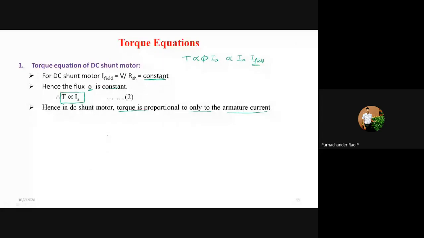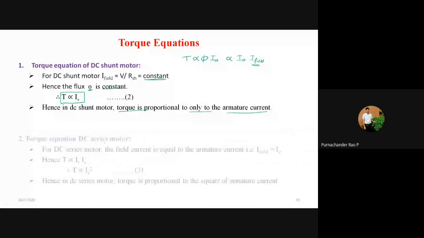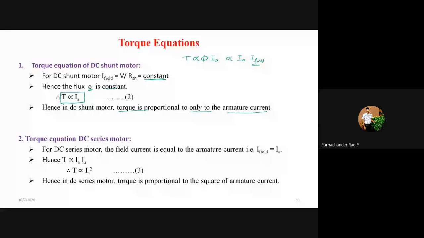Now for the second case, the DC series motor, the flux is proportional to the armature current IA, and therefore I field is equal to IA, and the torque is proportional to IA square.